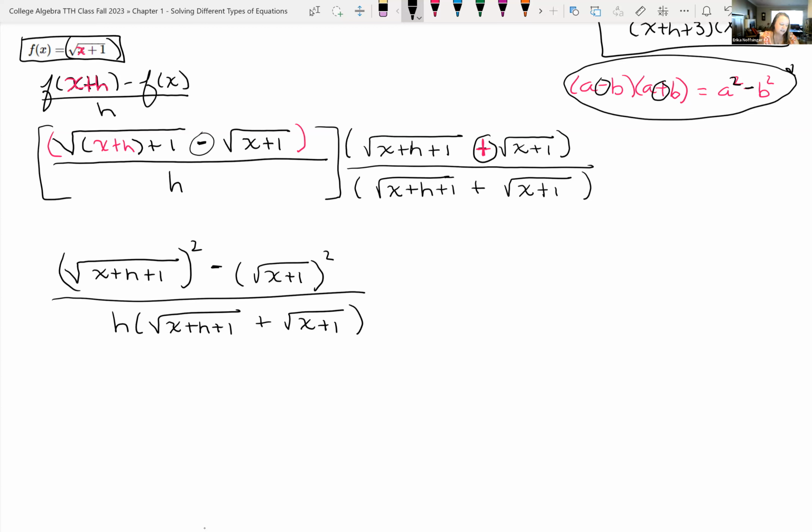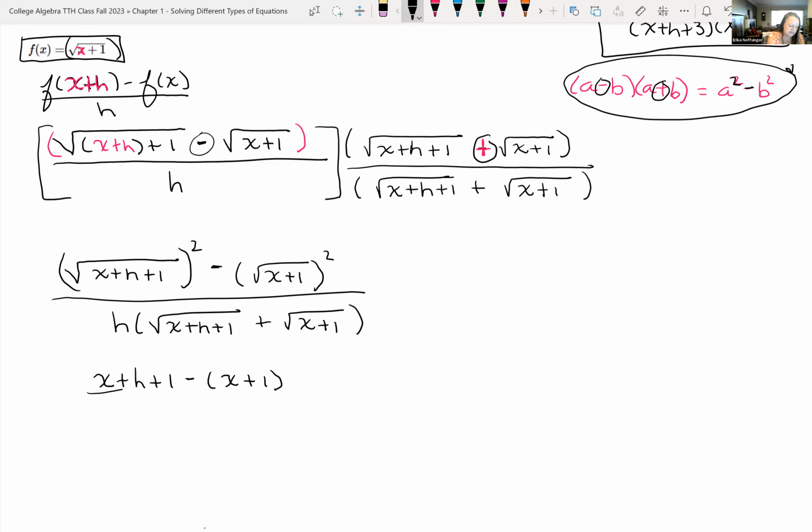So if I square a square root, remember we're just left with what's underneath the radical, which is called the radicand. So we're left with x plus h plus 1 minus, make sure you put parentheses here, squaring that square root, we're left with what's underneath the radical, which is x plus 1.